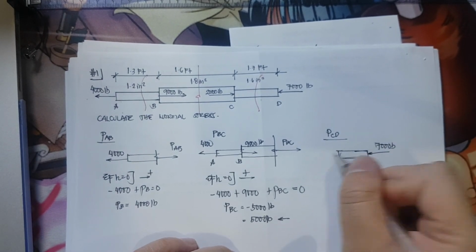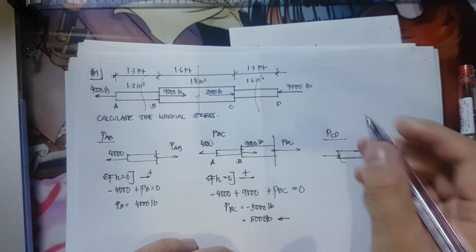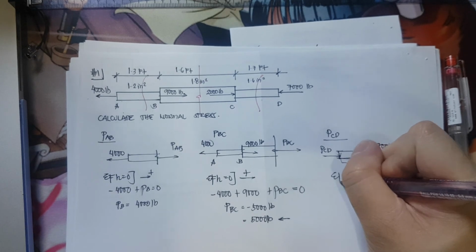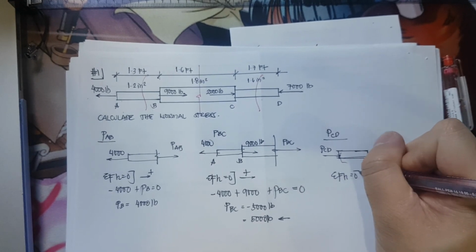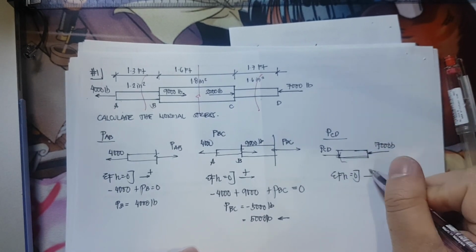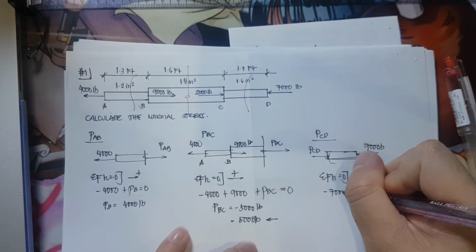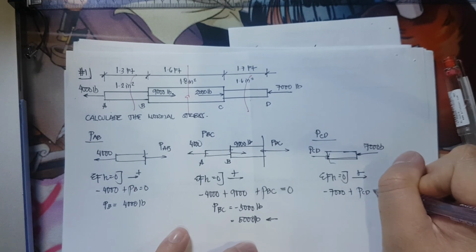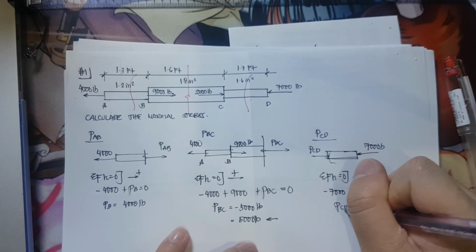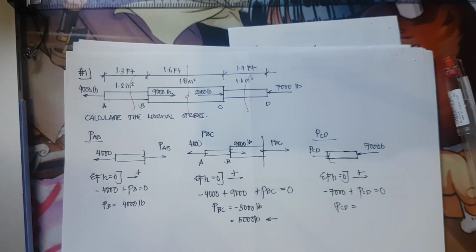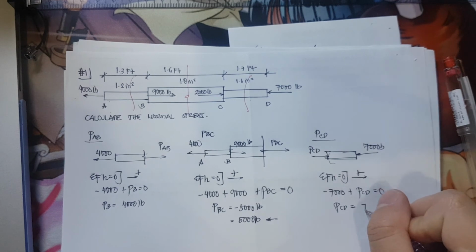And let's say that this is PCD. Summation of forces horizontal is equivalent to 0. All forces to the right should be positive. So I have here negative 7,000 plus PCD is equivalent to 0. Therefore, PCD is equivalent to 7,000.